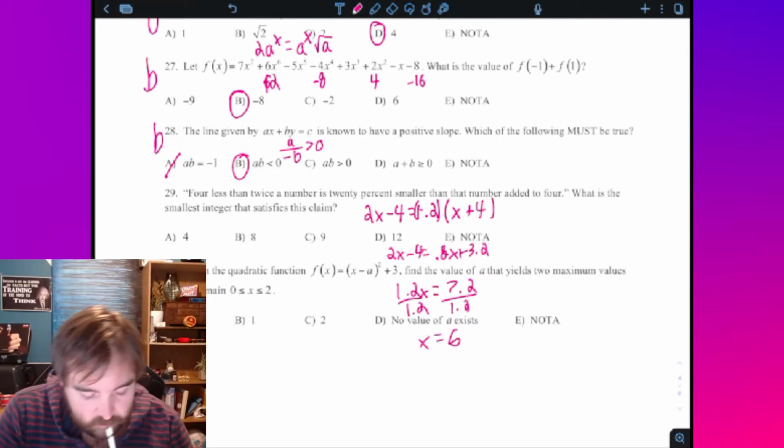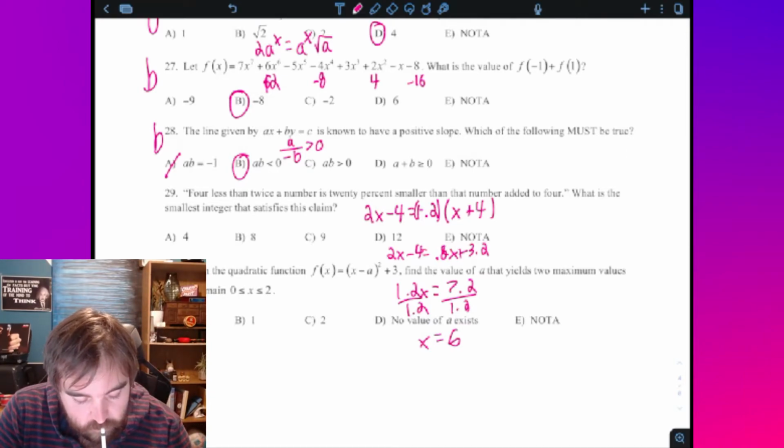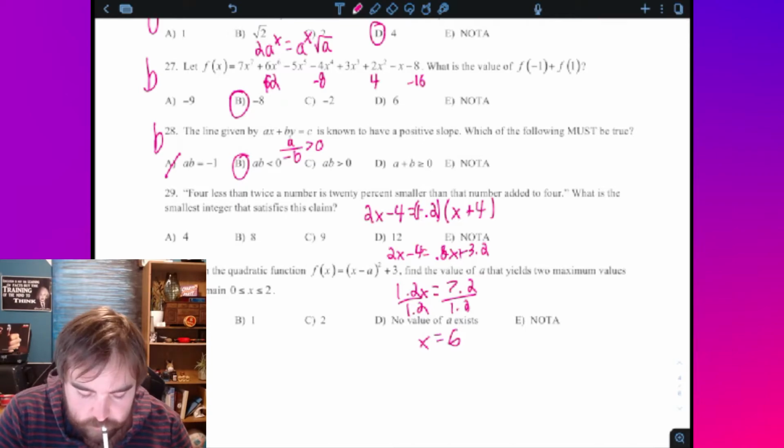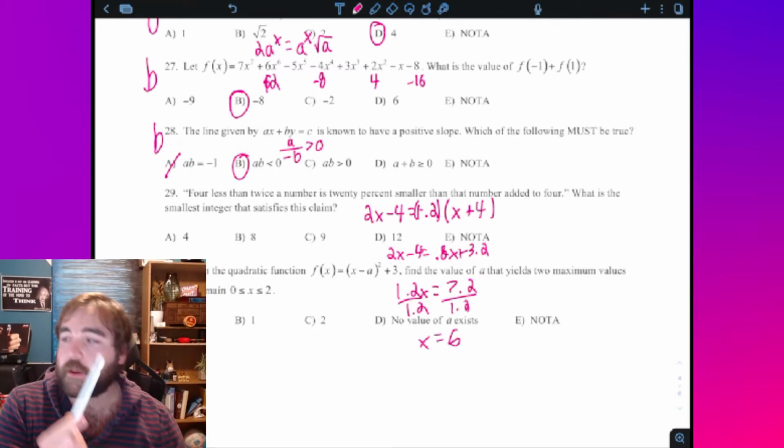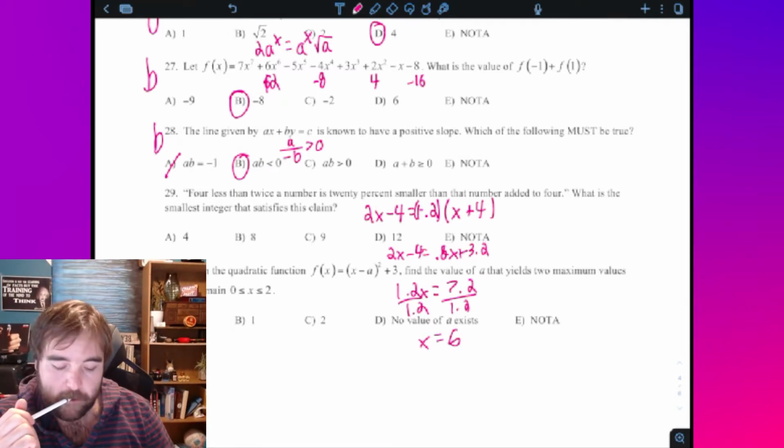Is that right? 6 is 4 less than 20% smaller. You're doing 20% smaller than this, you got to multiply it by 80%, right?